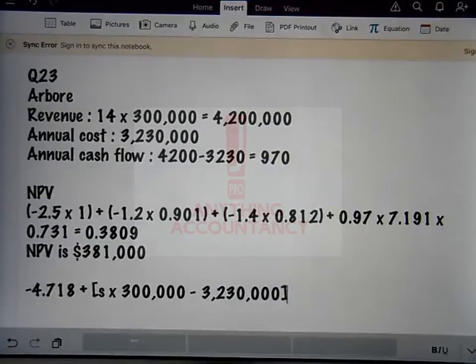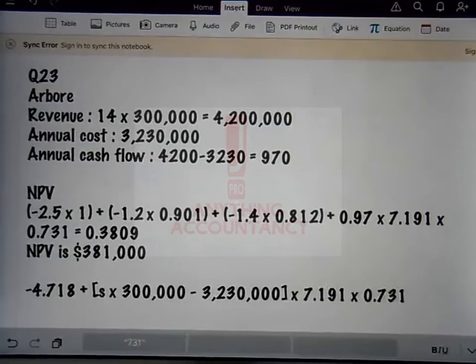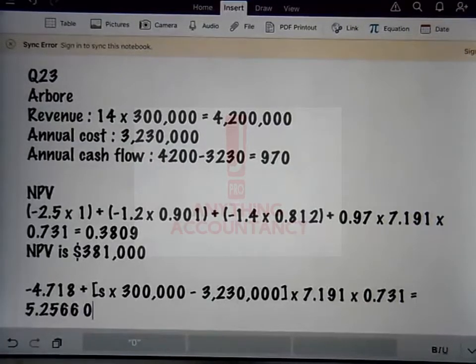That's how you got that 0.97 times 7.191 times 0.731 equals 0. That's what I mean by mathematically convert everything. Can you get S?